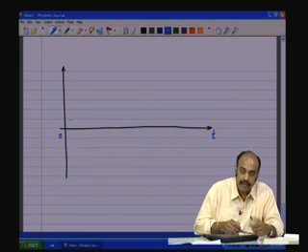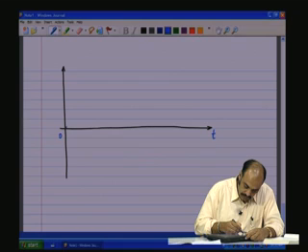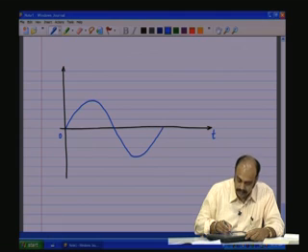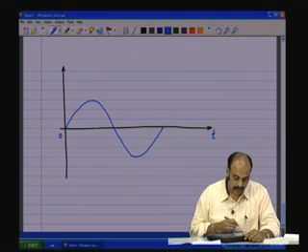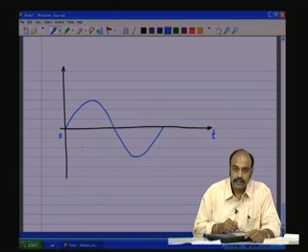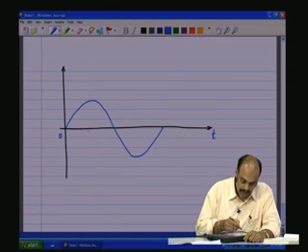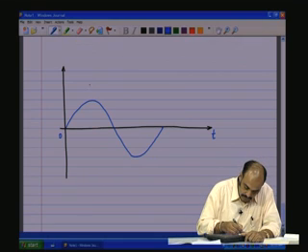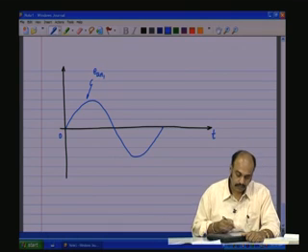Now, EA is the reference, so let it start from 0 like that, the sinusoid, and then reaches 1 full cycle. Now, the EB is displaced 120 degrees, it is lagging EA by 120 degrees. So, this was EAN 1.